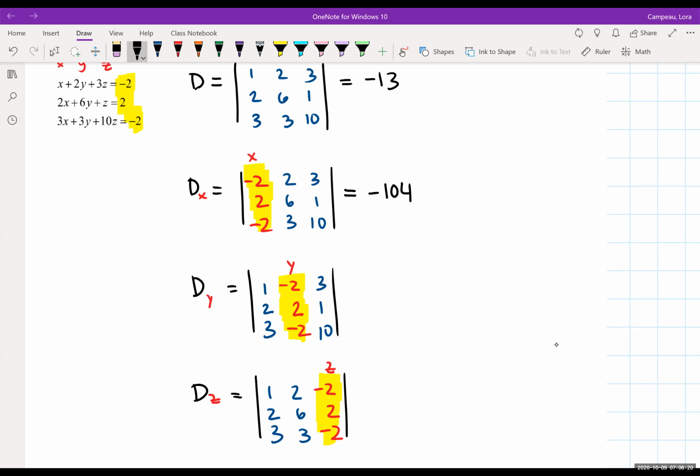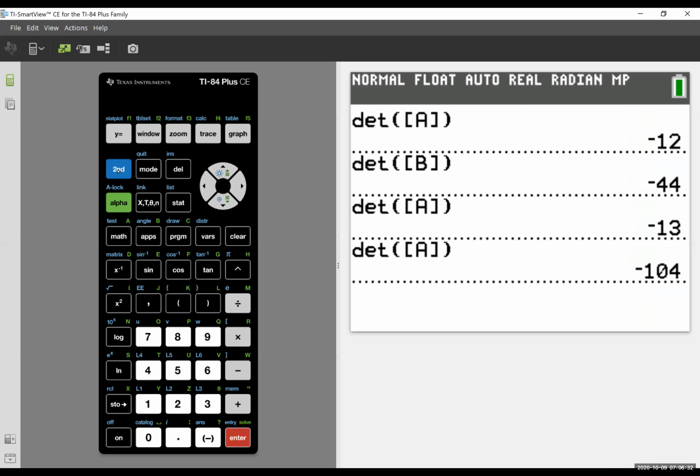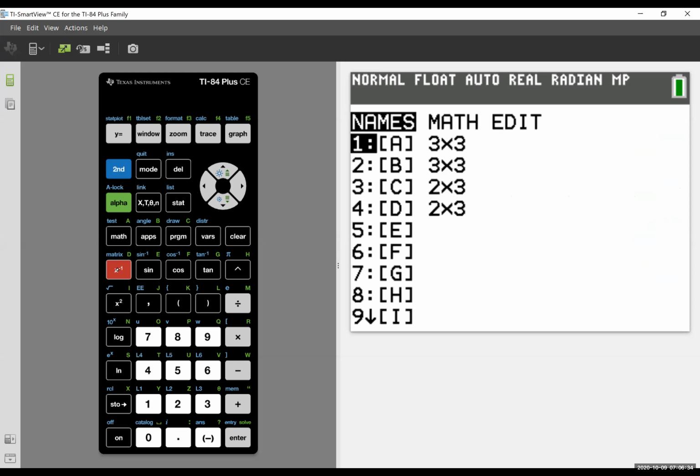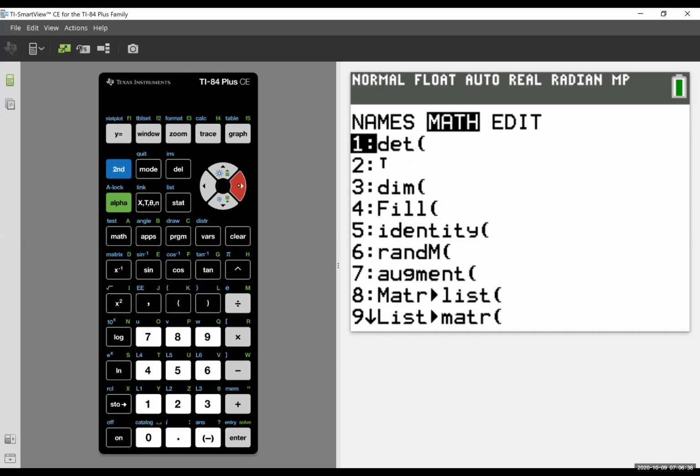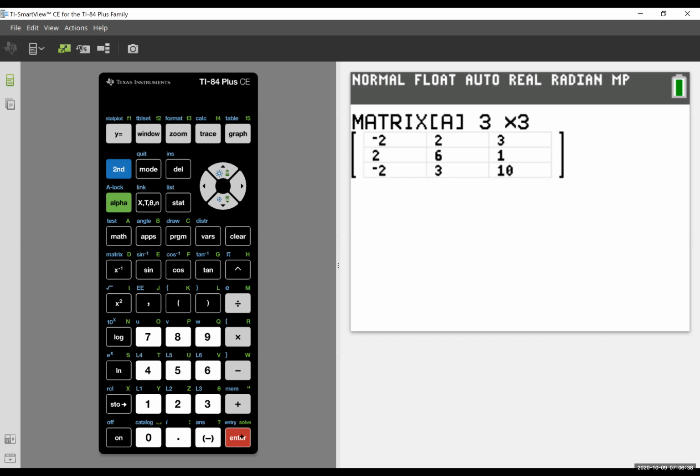Now, D sub y. So I'm going to pull out our trusty TI a few more times. And second x inverse. I'll scroll over to edit, and I'll just continue to edit A. It's a little nicer, I guess.